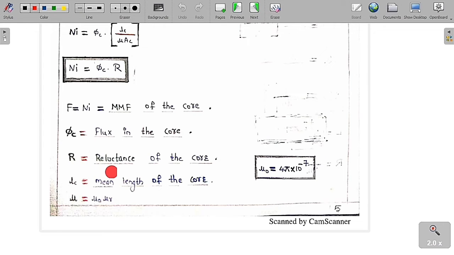R is called the reluctance of the core, Lc is called the mean length of the core, and mu is mu naught into mu r, where mu naught is equal to 4π into 10 to the power of -7.